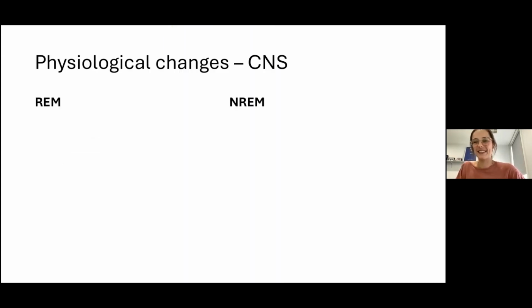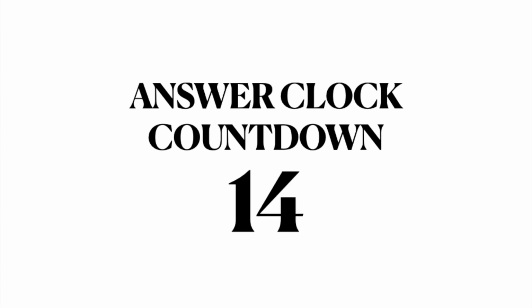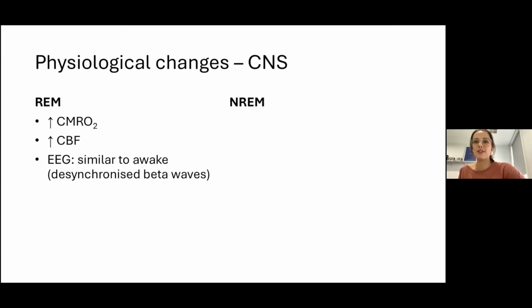Let's talk about the physiological changes. So CNS changes. Can you tell me what changes with REM sleep in our CNS? Spot on, exactly. And do you know how much your CMRO2 increases by?